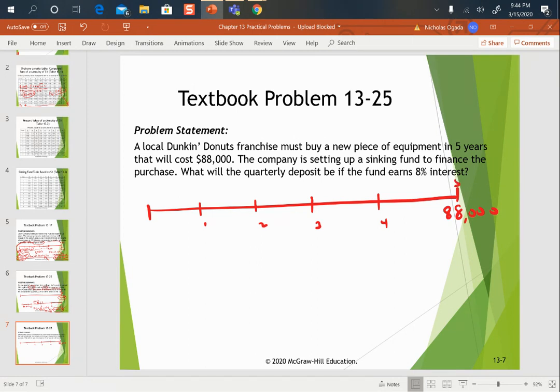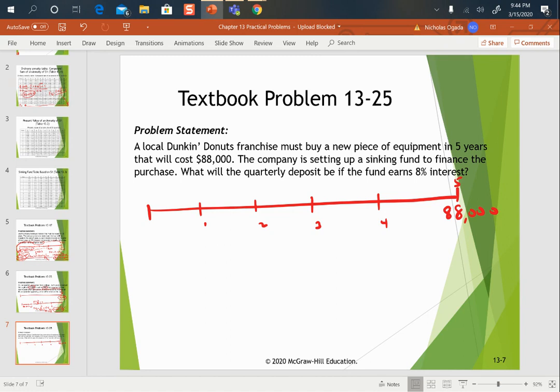So the question here is, how much are you going to set aside in a bank that is going to earn you 8% interest every quarter, so that you have $88,000 that you can use to buy the equipment?